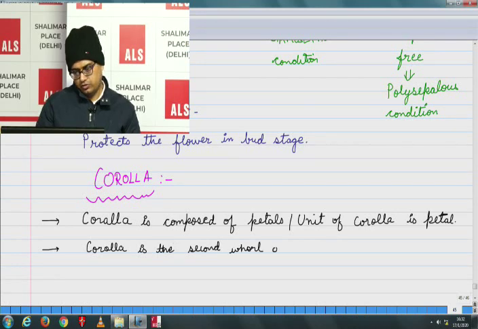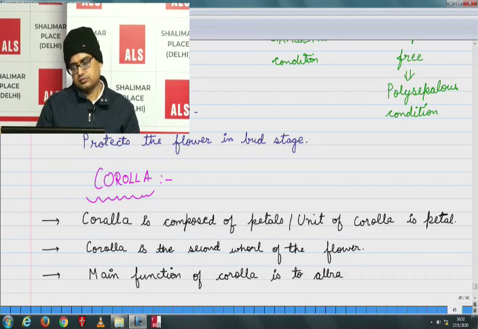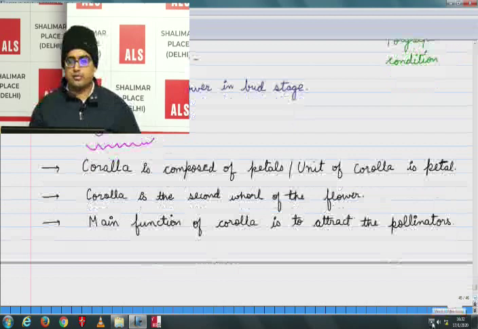Main function of corolla is to attract the pollinators.